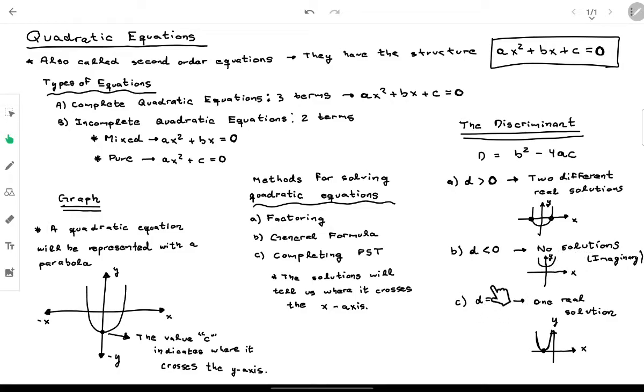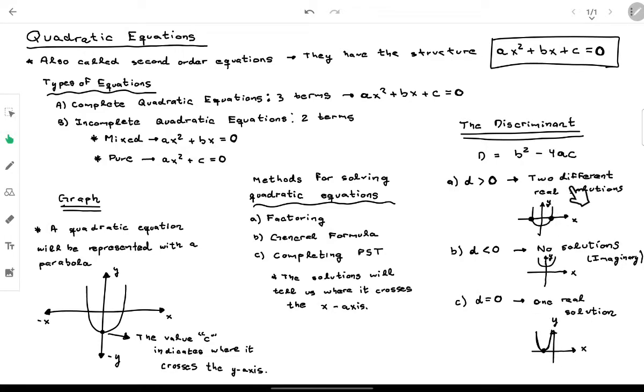And what happens with d, the discriminant equal to 0? If d has a value of exactly 0, that means instead of having two different solutions, we will have only one solution, and it will be a real solution. And what will happen with the graphic? Of course, the graphic will cross only at a specific point of the x-axis.